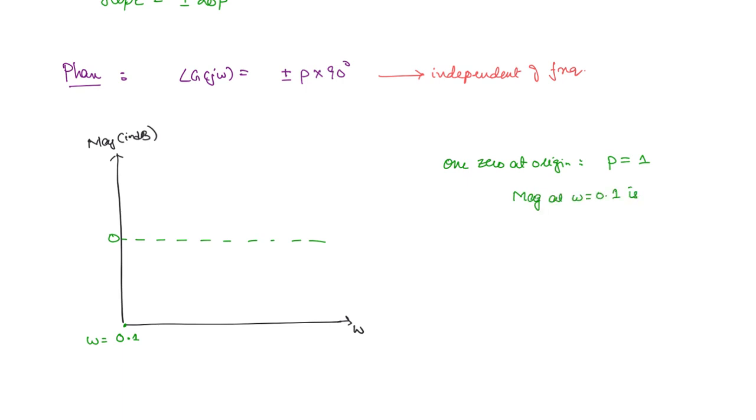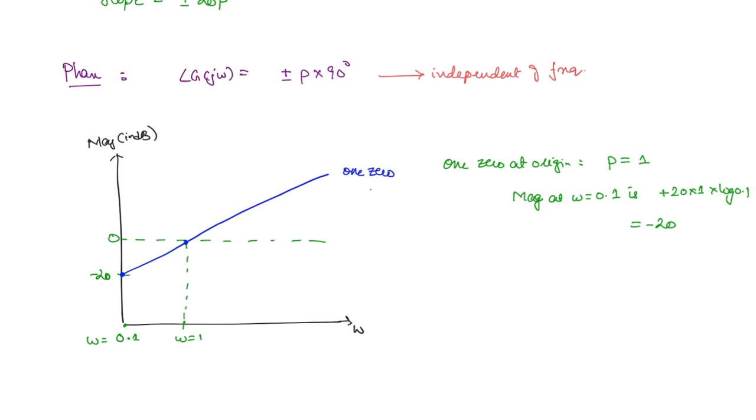The initial magnitude at ω = 0.1 is plus 20 into 1 into log 0.1. Log 0.1 gives minus 1, so we get minus 20 dB. Let us say minus 20 is here, so this is one point. Another point is where the magnitude becomes 0 at ω = 1 rad/s. If you join these two points and extend the line, this is the magnitude plot for one zero at the origin.